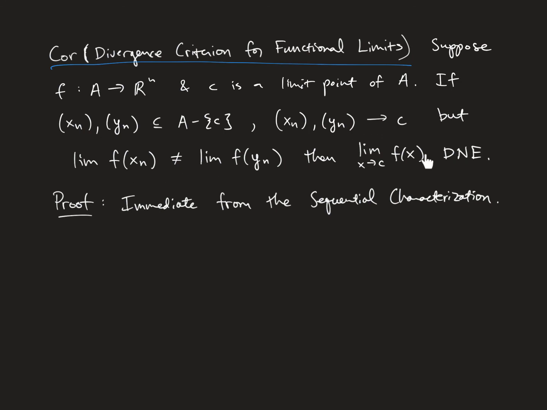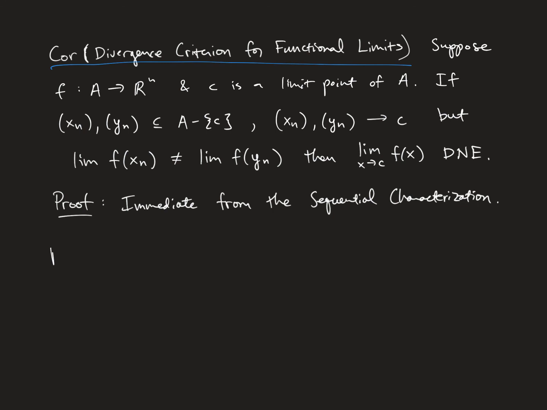They all have the limit L, whatever the limit is here, that would have to be the limit of these function value sequences from the sequential characterization. So if you have two different function limits along two different sequences, then your limit can't exist.